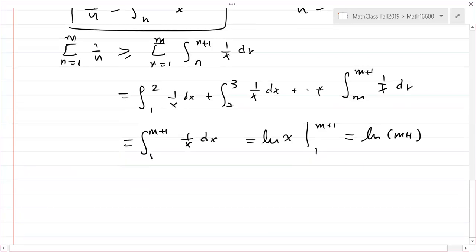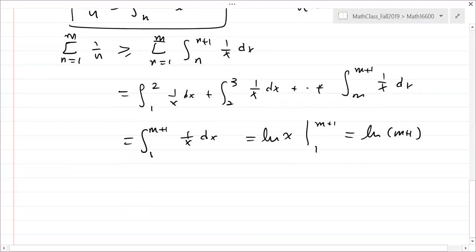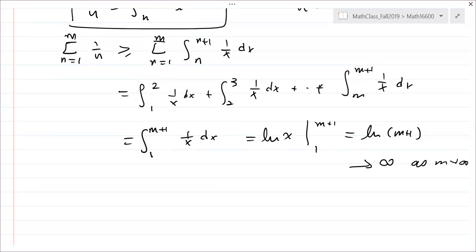Okay, anyway, so this is a lower bound, right? And clearly this goes to infinity as m approaches infinity, right? So therefore, it's a lower bound, the natural log of m plus 1. Okay, they're not a big difference actually.